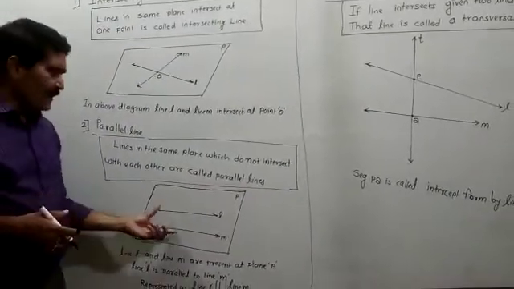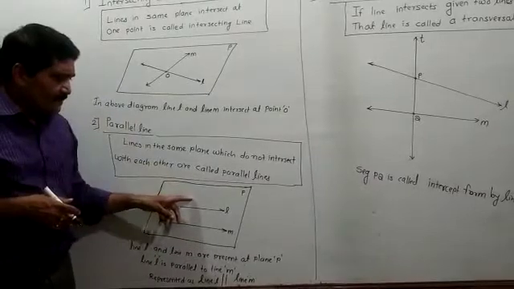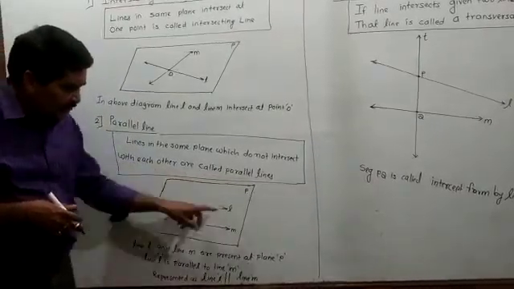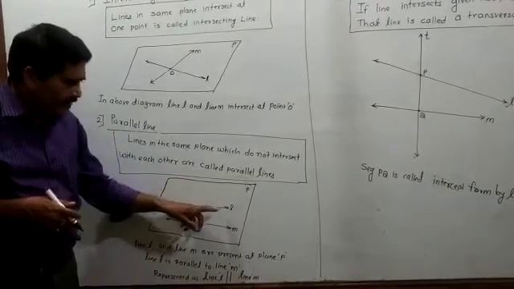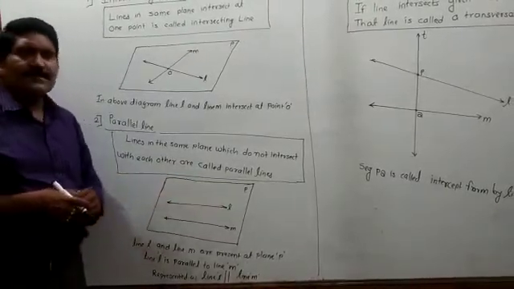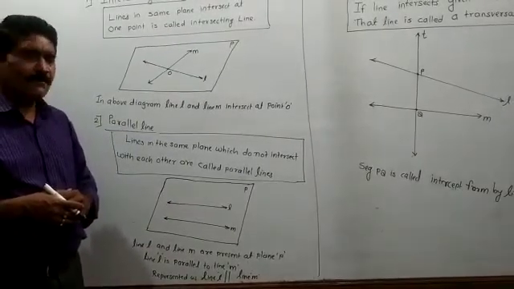So you have to say that lines in the same plane which do not intersect with each other are called parallel lines. In the diagram, both lines are present in the plane, and they will not intersect with each other. If the lines do not intersect with each other, those lines are called parallel lines.